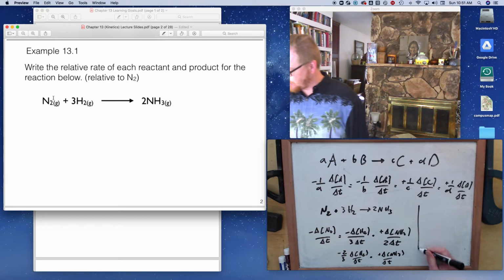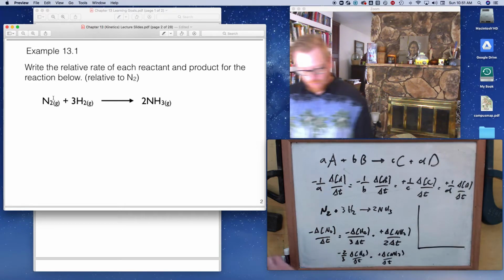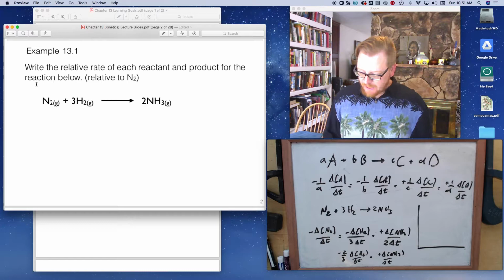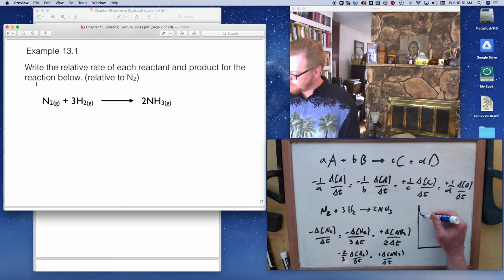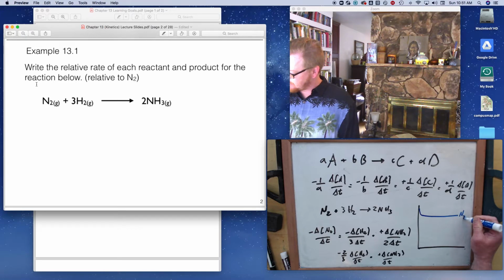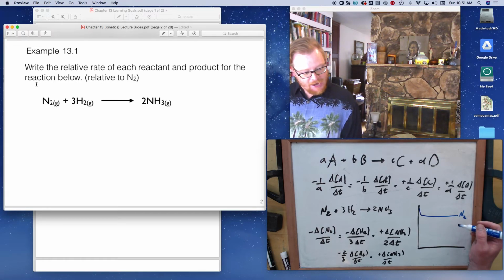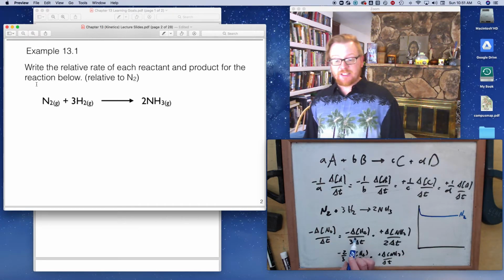And of course, if we looked at how those rates relate to each other, so if I draw what the nitrogen looks like, so suppose we're all starting up here with my reactants, my nitrogen would look something like this, okay? And my hydrogen would be 3 times greater, right?